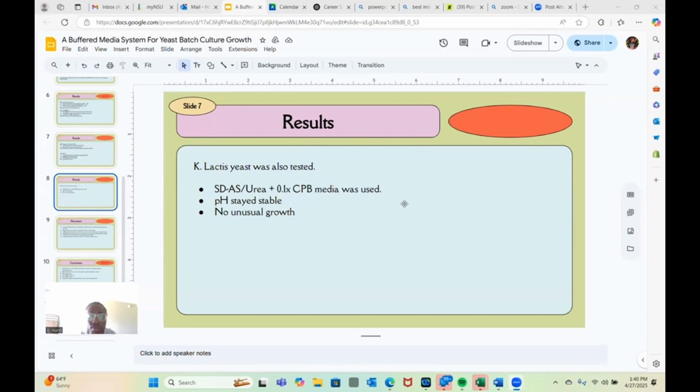As we can see, the pH stayed stable, meaning it didn't drastically increase or decrease, which suggests that the yeast didn't produce too many acidic or basic byproducts. And there was also no unusual growth, meaning the yeast grew normally with no contamination or unexpected behavior.